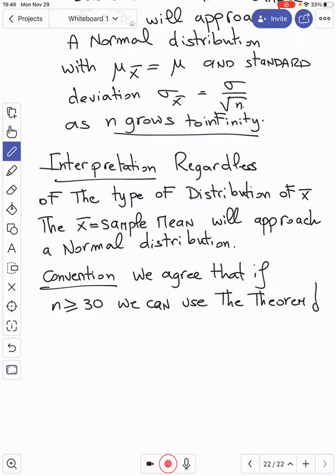So let me give an example. A numerical example.